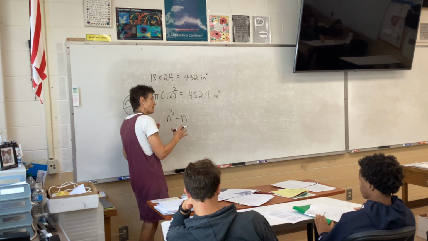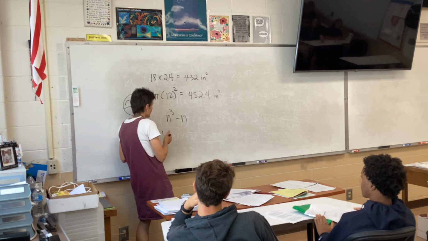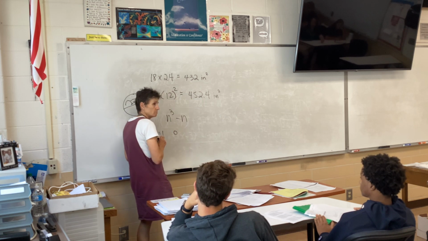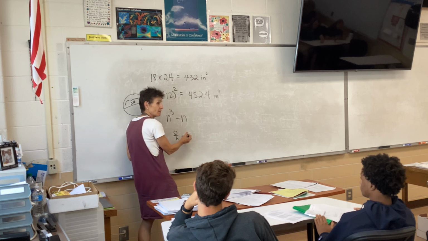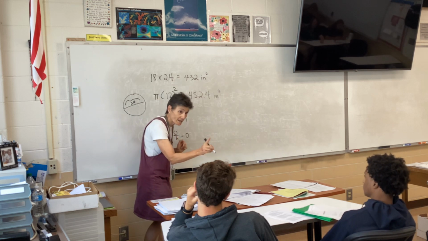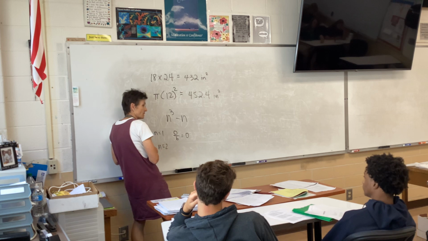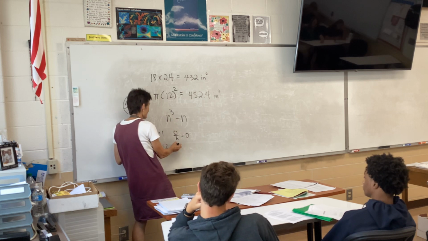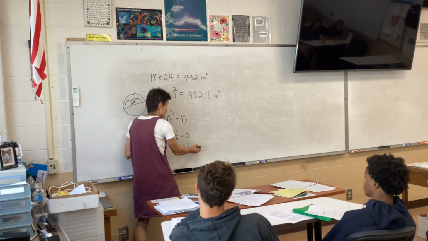So do you understand what that means? If you let n be 1, you get 0. Is 0 divisible by 6 evenly? Yes, you get 0. There's no remainder, right? It's divisible. Well, what if we let n be 2? If we let n be 2, we get 8 minus 2, which is 6. Is 6 divisible by 6?